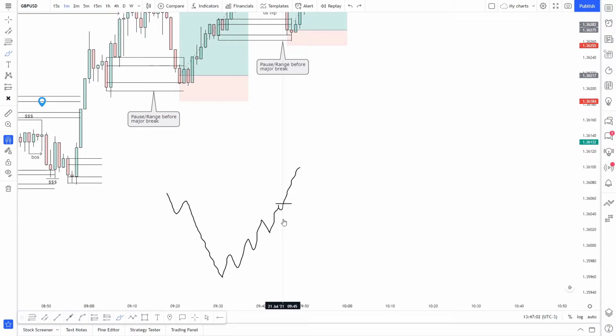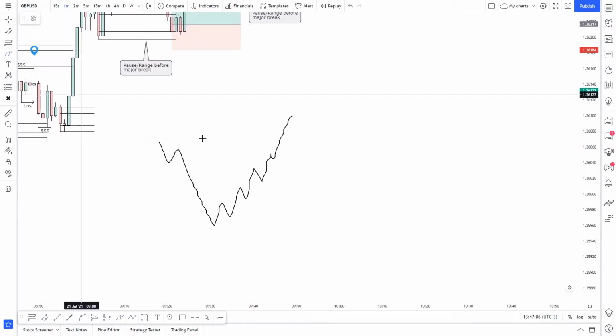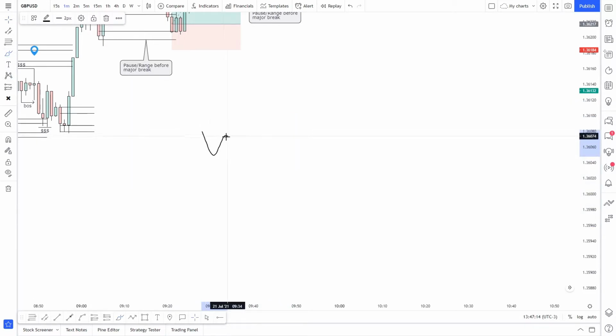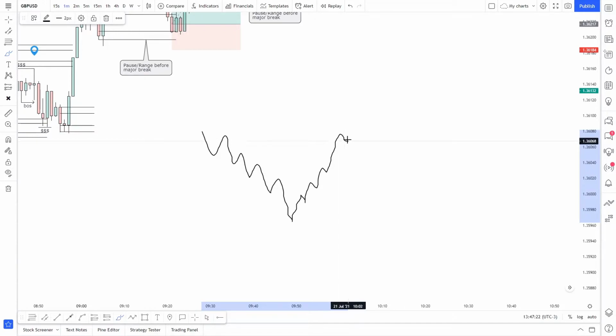Now, if we have the exact same structure, but let's say we don't cause a major break, let's draw it again. Let's say we have something like this, okay? So we have this small pause. Now let's do it higher, somewhere around here. Let's say we have that pause, right?